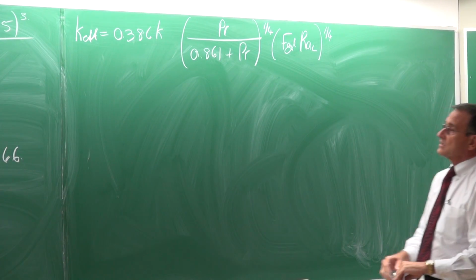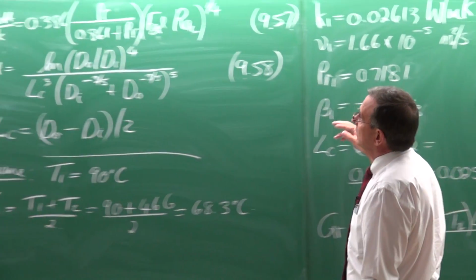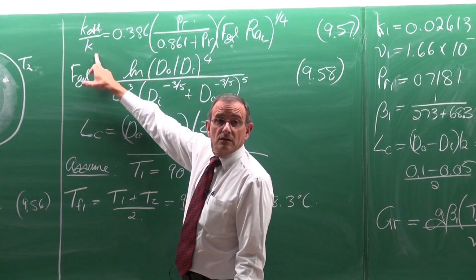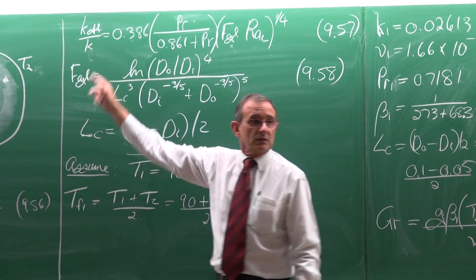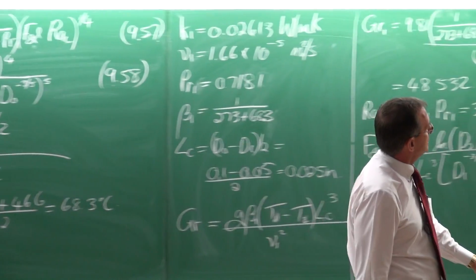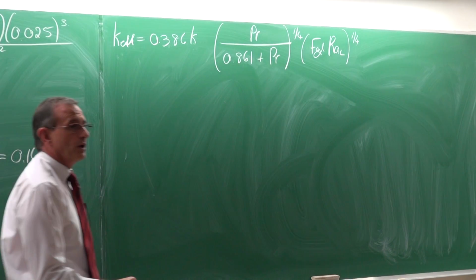Take note, if I go back to this equation previously, here it is. I've just multiplied by K to get K effective. K effective is equal to 0.386 K, so previously the K was here, I've multiplied it out.